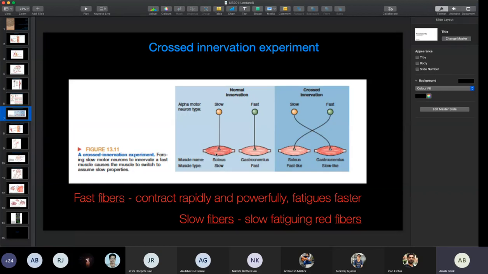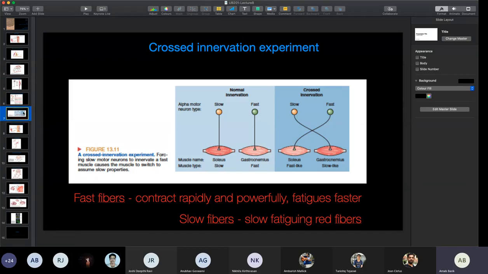So is the muscle driving this identity, or are the motor neurons driving it? That's the question. What he did was a cross-innervation experiment where he connected fast to slow and slow to fast, and saw that if you do that, the fast becomes slow and the slow becomes fast.